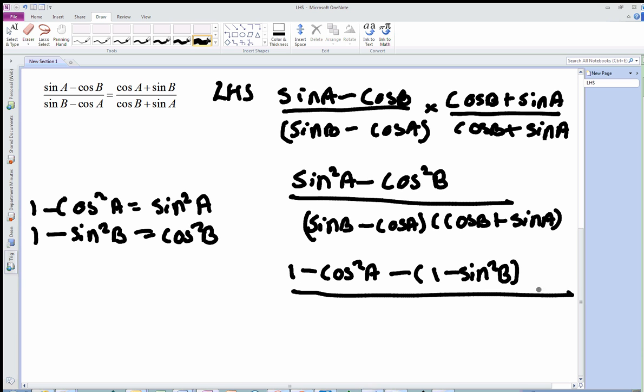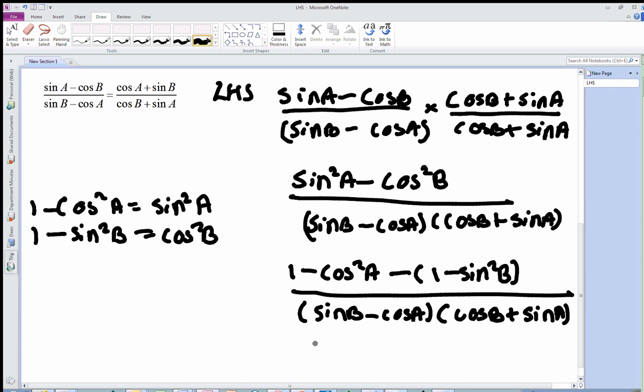And this is still all over what we had on the bottom before, which is sine B minus cos A over cos B plus sine A. Almost there. 1 with a minus 1 cancels each other out. Negative with a negative makes a positive.